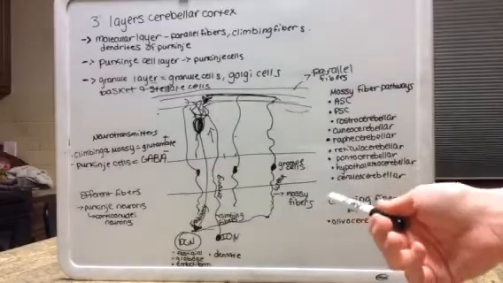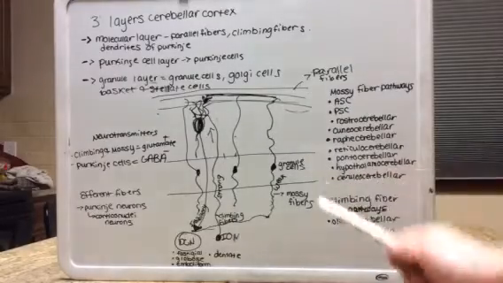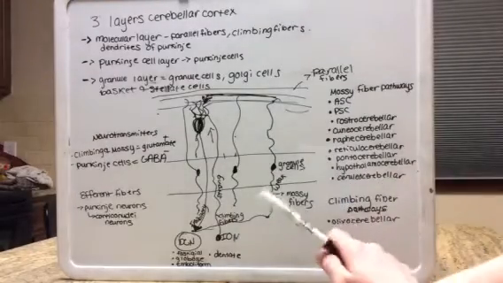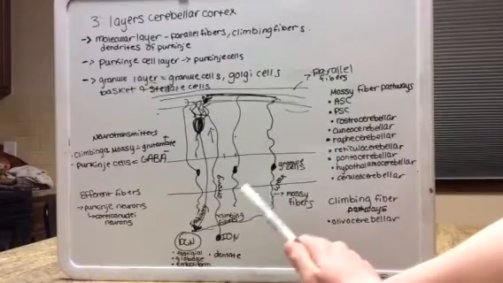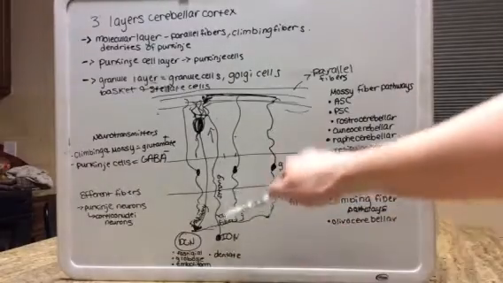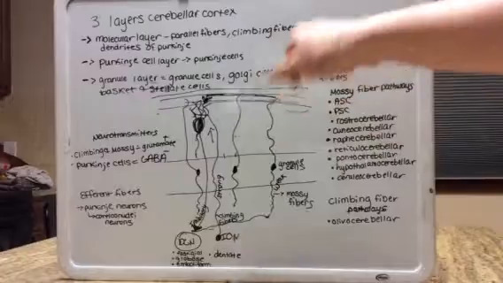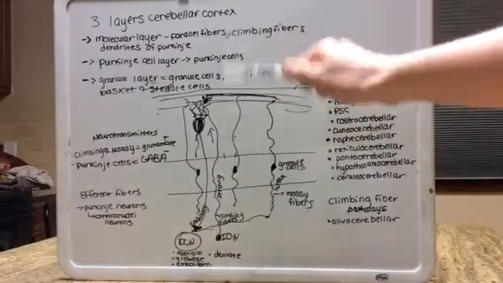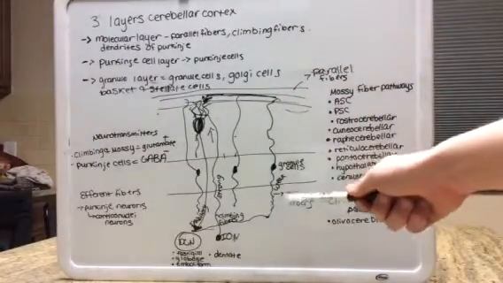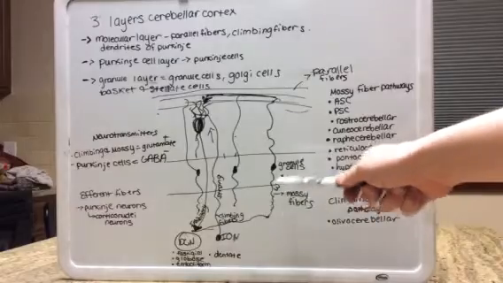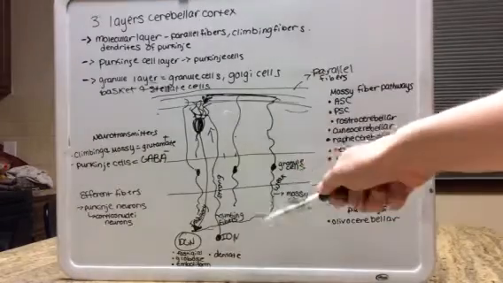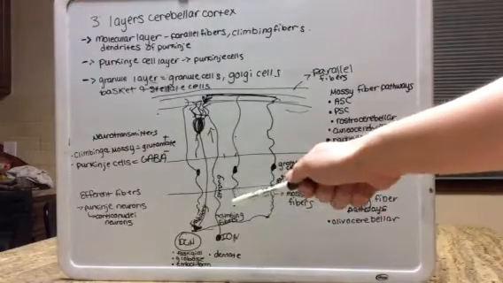So that's basically the idea of it. You can think the climbing fibers, climbing takes more strength, so a stronger action potential will be produced, and mossy fibers will be weak. They'll be more frequent, but they'll be weaker, and climbing fibers will be the opposite. So that's it.